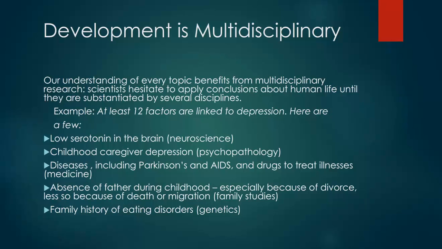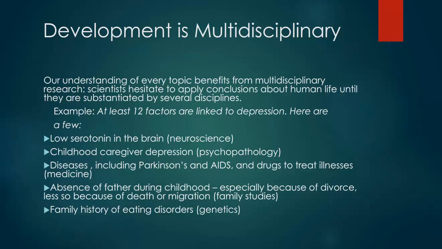Consider the following example. At least 12 factors are linked to depression, and here are a few of those. For example, low serotonin in the brain, we learned from the field of neuroscience. Child caregiver depression can also have an effect. That we learned through people who study psychopathology. And diseases, including Parkinson's and AIDS, and drugs to treat illnesses, we learned from the medical field.